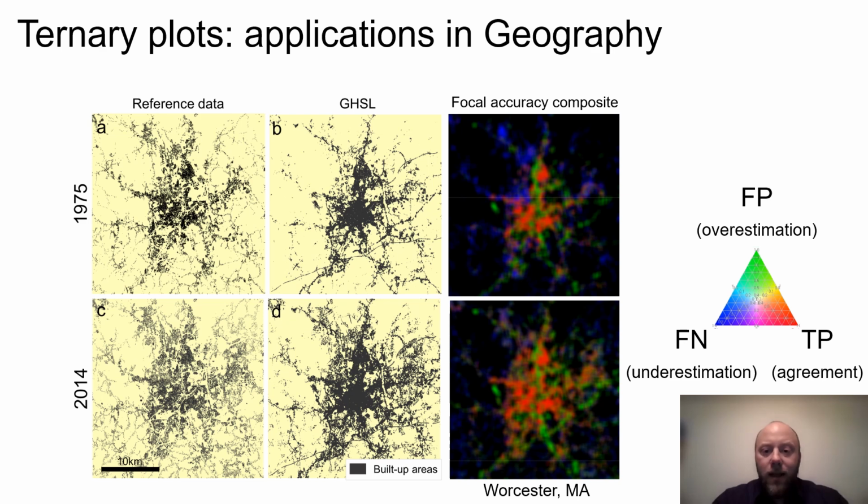So we can really generate these accuracy measures in localized focal windows, transform these agreement categories into percentages, and then visualize this using this RGB color encoding.